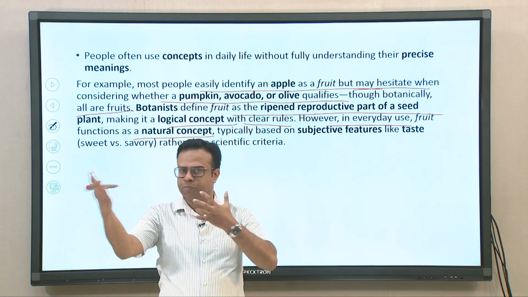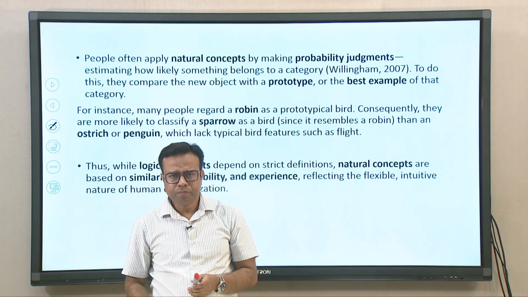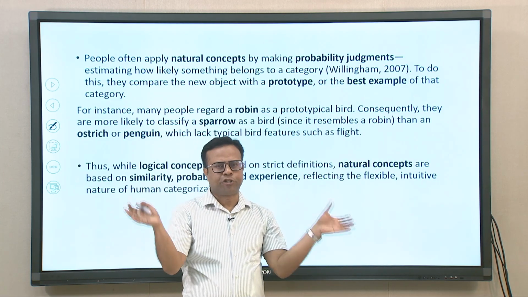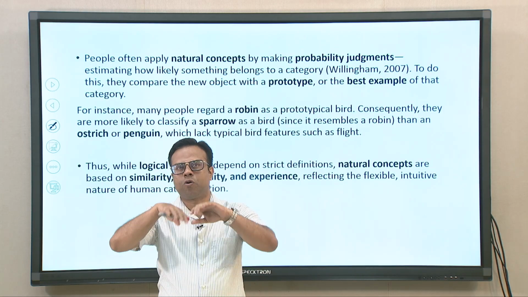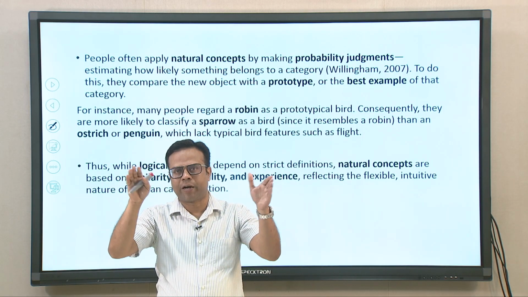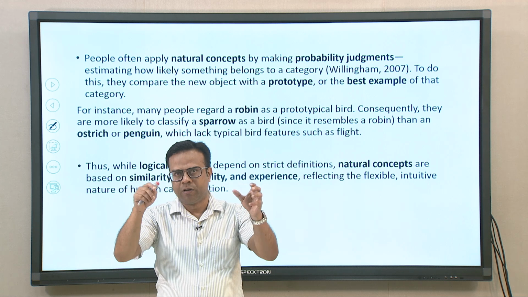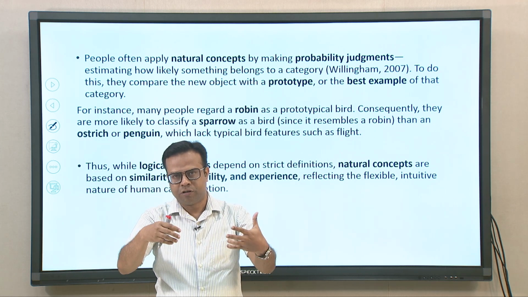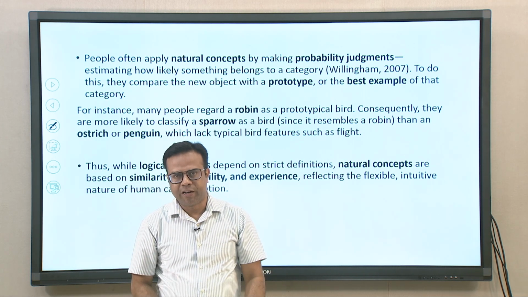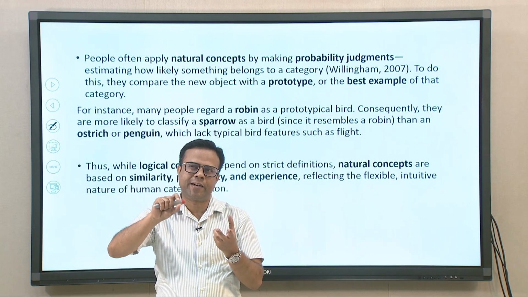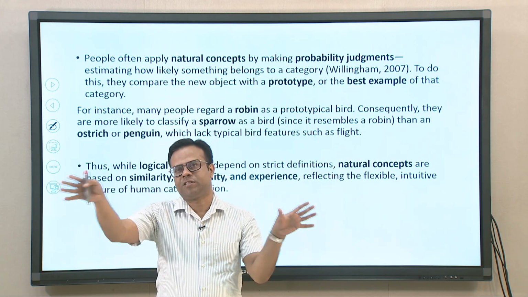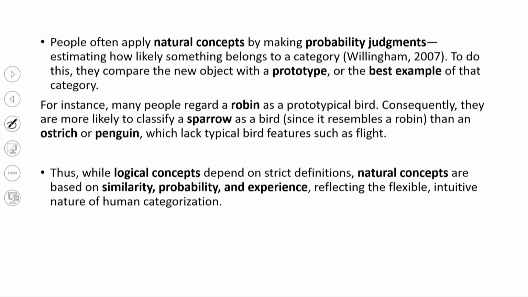So, all these possibilities are there. People often apply natural concepts by making probability judgments. When we do not know the boundaries or actual clear-cut conditions of a concept, then we use probability judgment. We see probabilistically whether it fits, then we say this is this concept. Probability judgment means estimating how likely something belongs to a category.